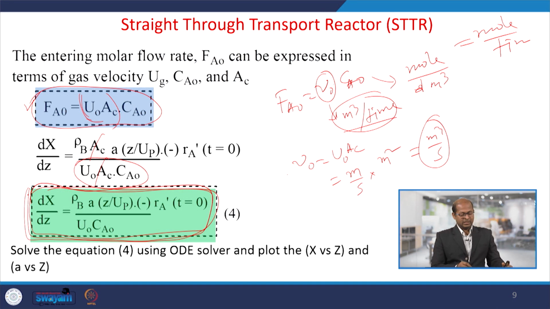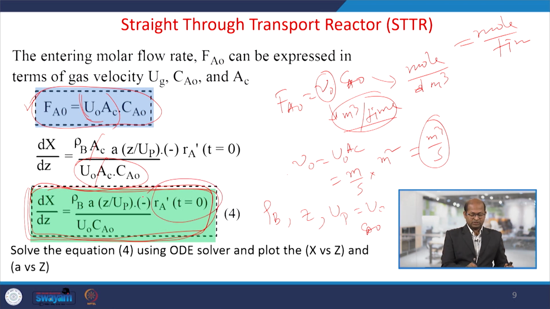We can easily find out how by solving these equations, if we know the parameters: density rho, total length, particle velocity, gas velocity, C_A0, and of course the rate of the reaction.